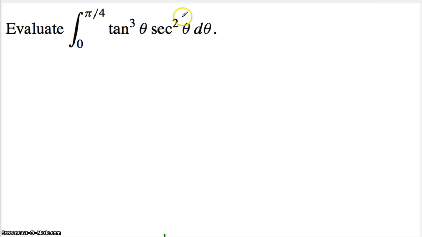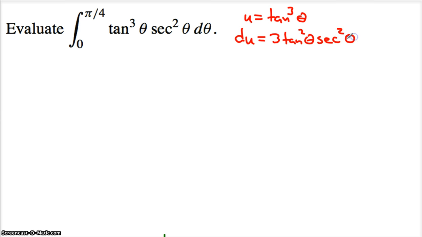Okay, this is a pretty ugly looking integral. We're going to let u equal tan cubed theta. Du will equal 3 tan squared theta multiplied by secant squared theta, and I'll multiply both sides by d theta, and I'll get this.